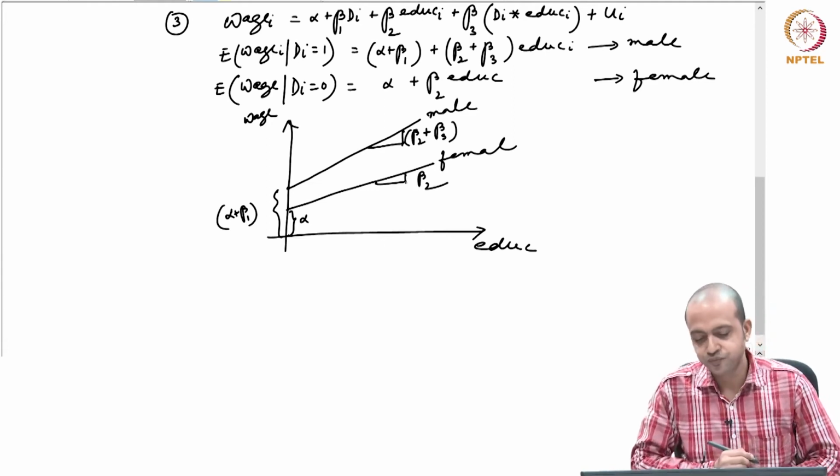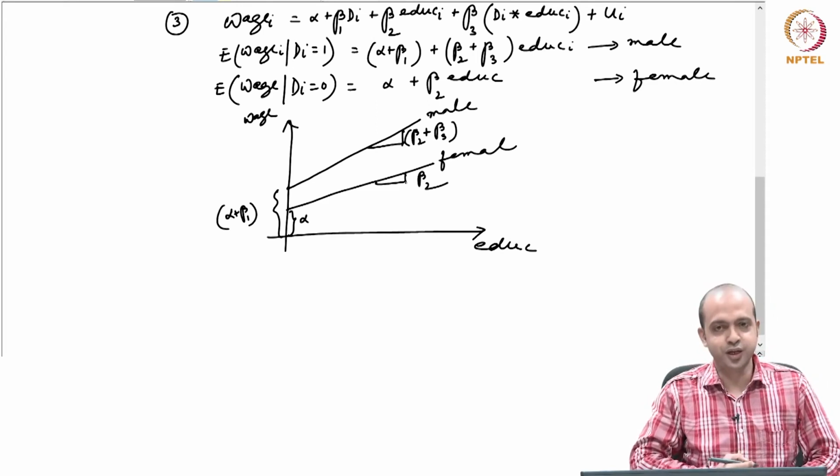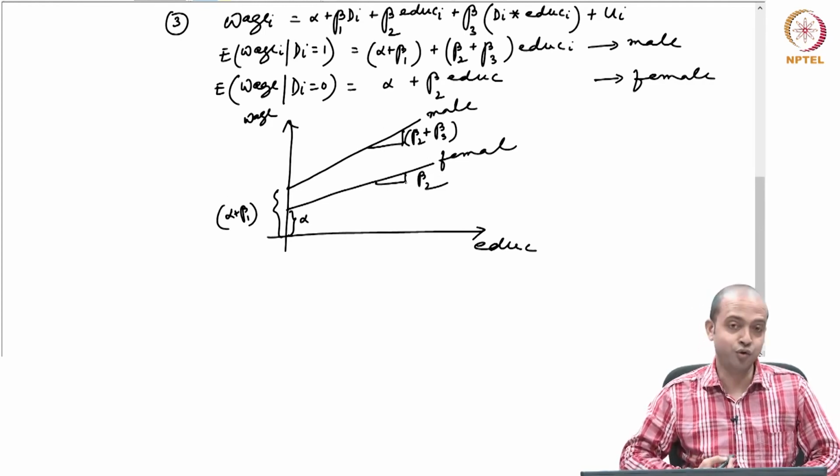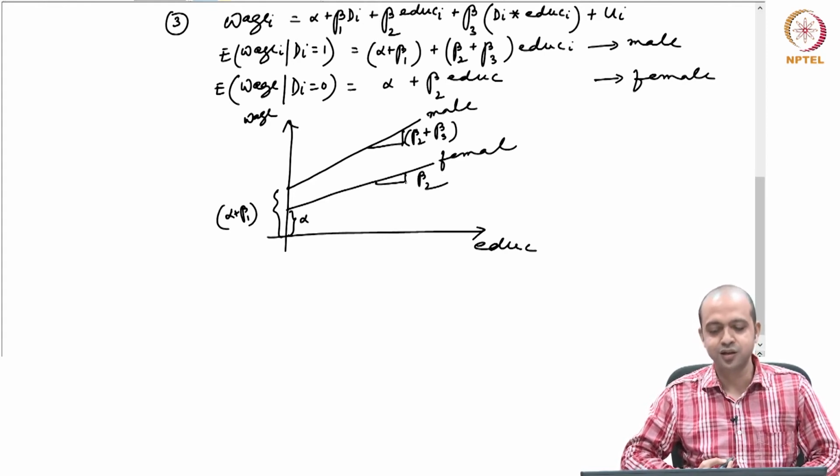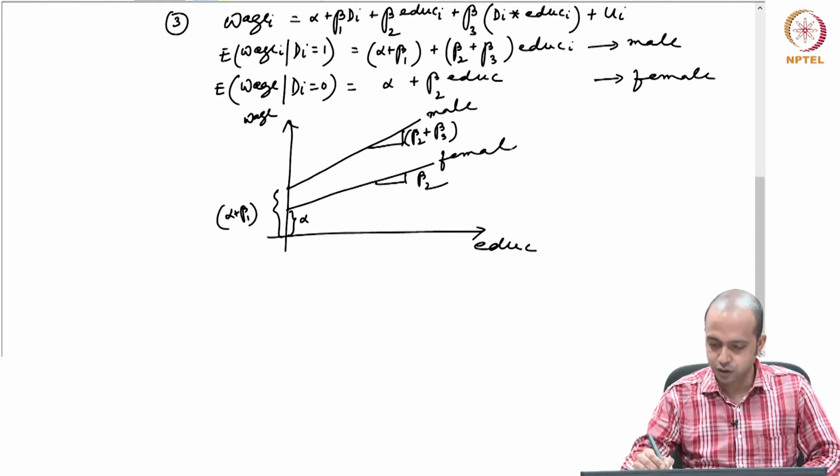Okay, beta 2. So, from this diagram we can easily understand that for extra years of education, male workers enjoy beta 3 amount of extra increment. While both male and female enjoy an increment, the male workers' increment is beta 3 amount higher than the female counterpart.